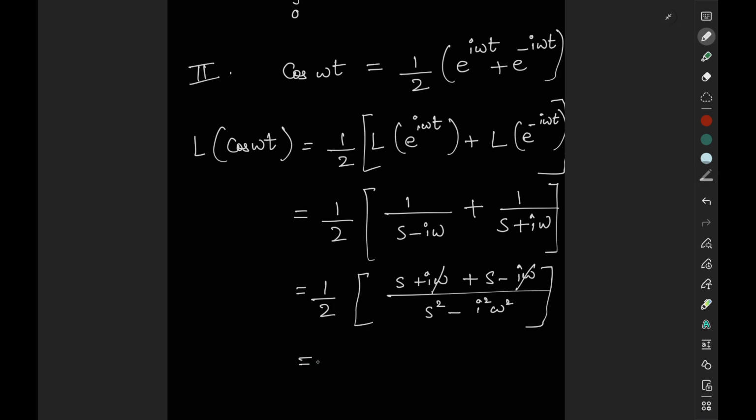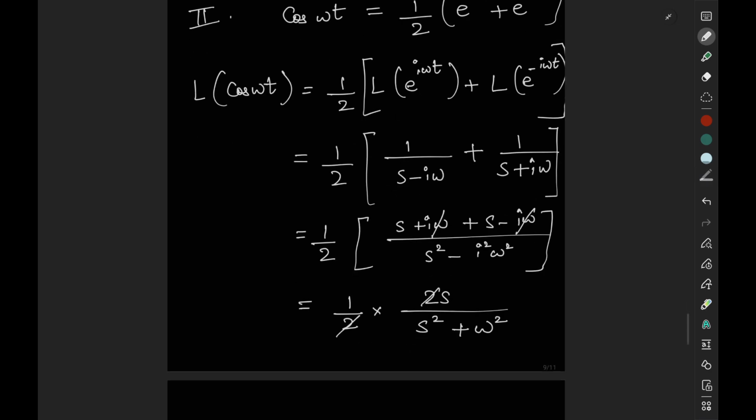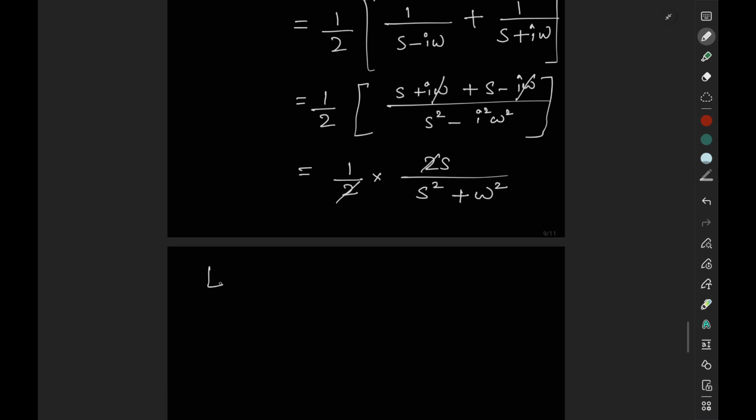Since i square is equal to minus 1, the denominator term will become s square plus omega square. So we get 1 upon 2 times 2s upon s square plus omega square. The 2s cancel, and we will get the Laplace of cos omega t as s upon s square plus omega square.